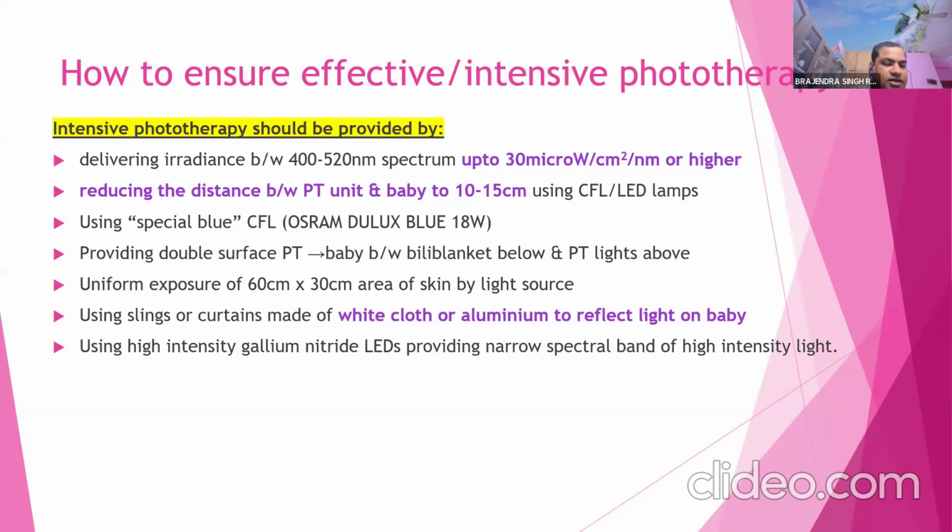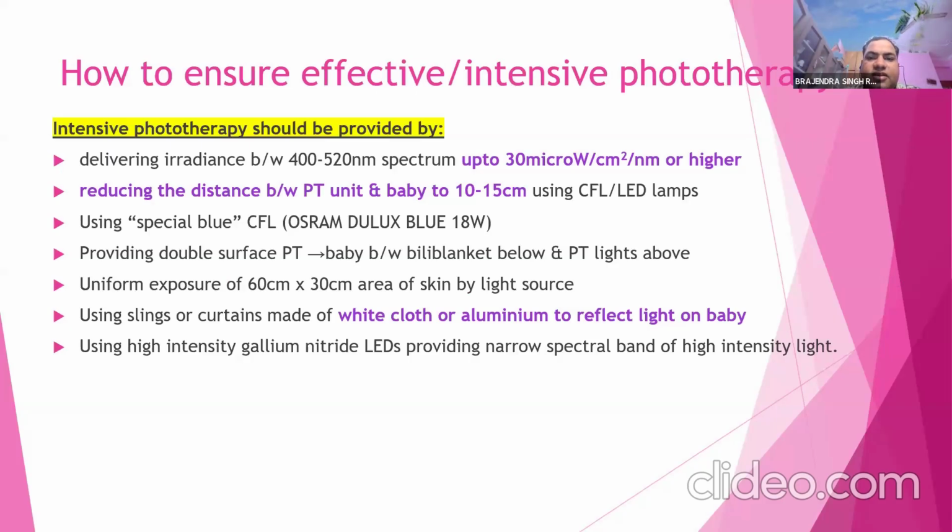So please understand intensive phototherapy: when bilirubin level is on the higher side and there is no arrangement for exchange transfusion right now. If in exchange transfusion range, then you can go for intensive phototherapy.